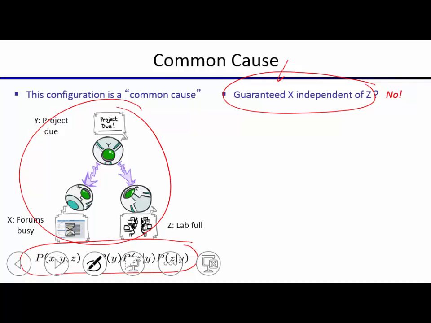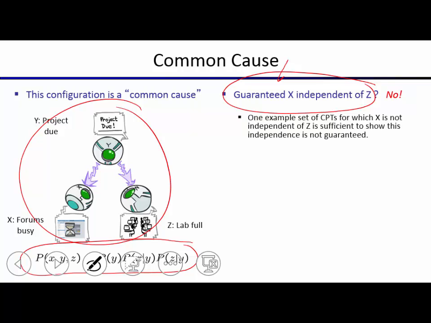Okay, so how can we show that this independence is not guaranteed? Well, all we need to do is to come up with a story and then hopefully instantiate it into a set of numbers such that X and Z are dependent for that story and set of numbers. So we can just look at the story here: project, forum, lab.